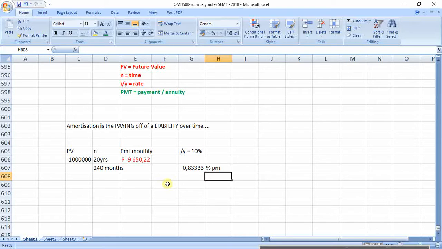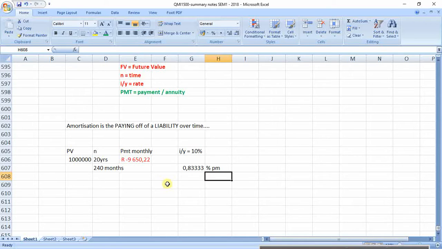I'm still not getting it. I don't know how to work out the... Okay, million rand, press PV, the present value. And then the 240, 20 years is 240, press months in Time.